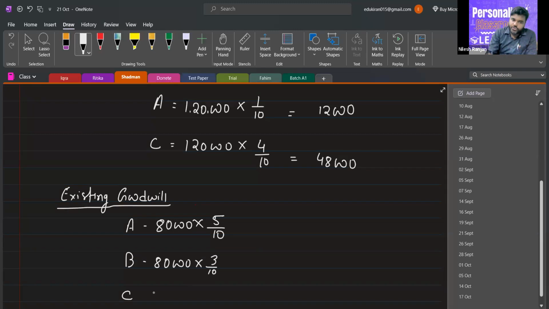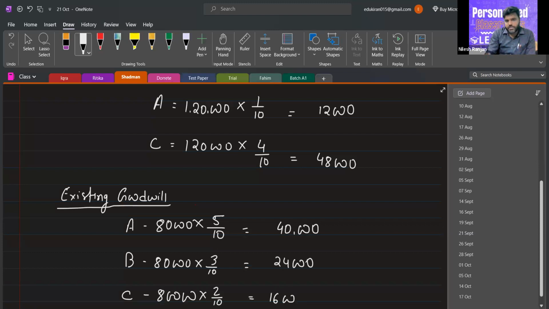Their old ratio was 5:3:2. So $40,000 here, 24,000 here and 16,000 here.